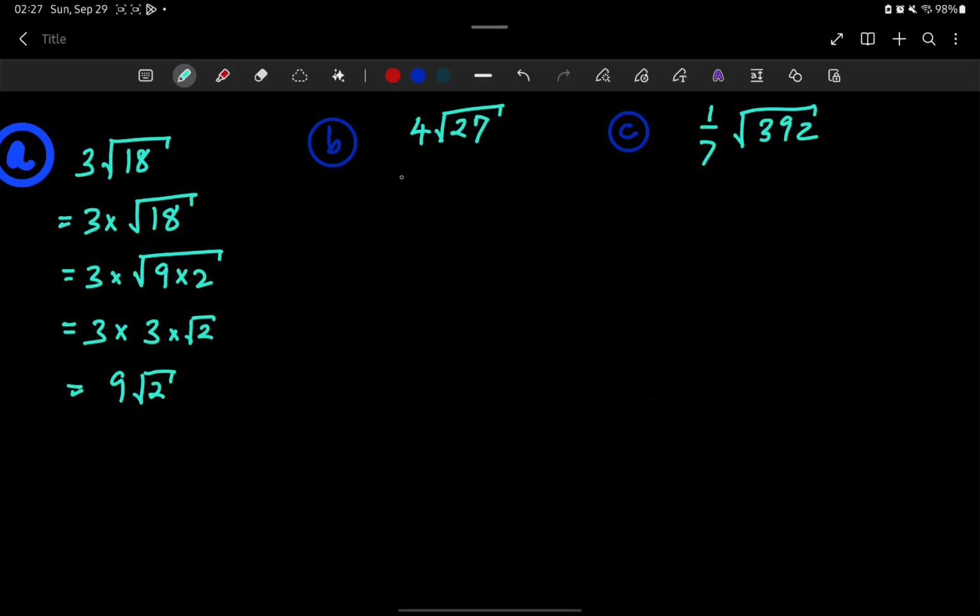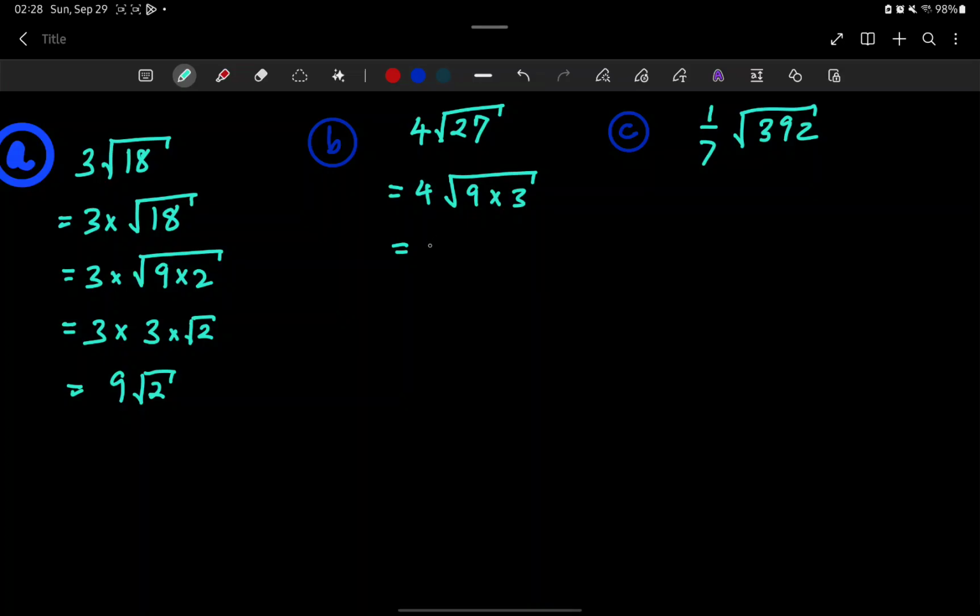Part B. Again, same story. This can be written as 4 times under root 27. Instead of writing under root 27, we can write this as a product of the perfect square number and another number. So this can be written as 9 times 3, because 9 times 3 is equal to 27.